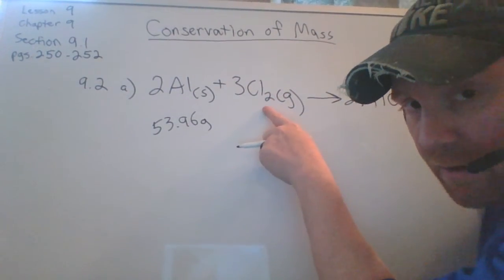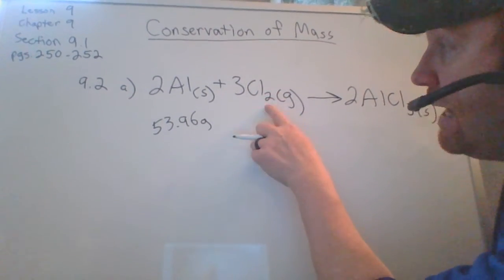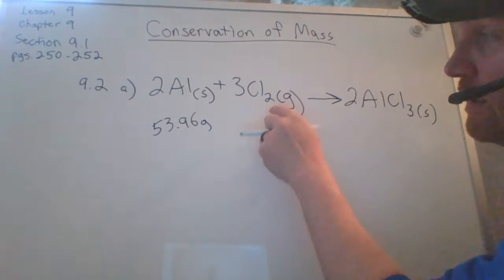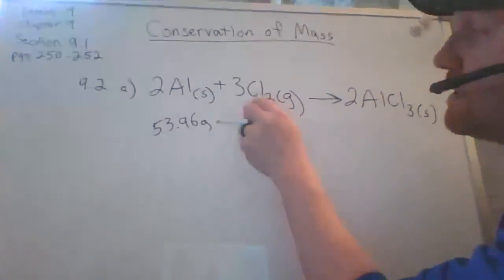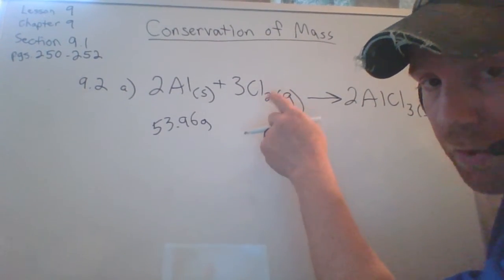Let's look at our chlorine gas. Each mole of chlorine is a diatomic molecule, Cl2. We've got 3 of them. So distribute the 3 with the 2, and we have 6 total chlorines.